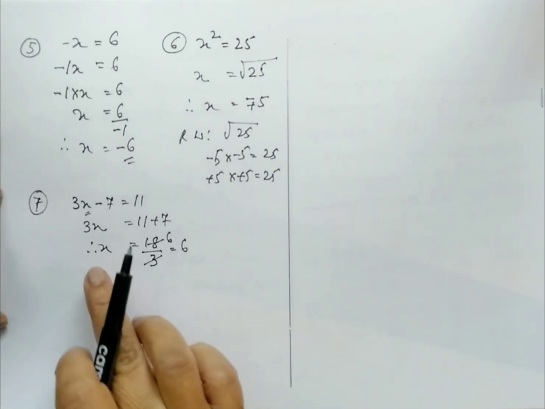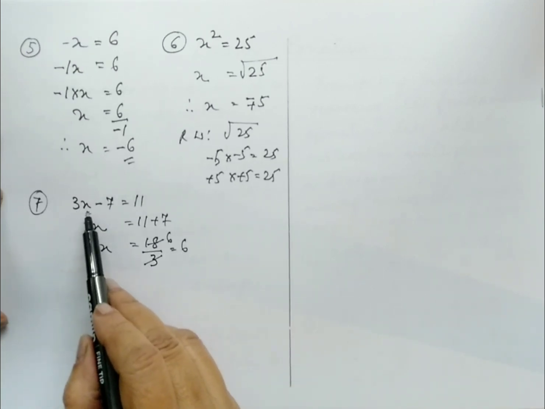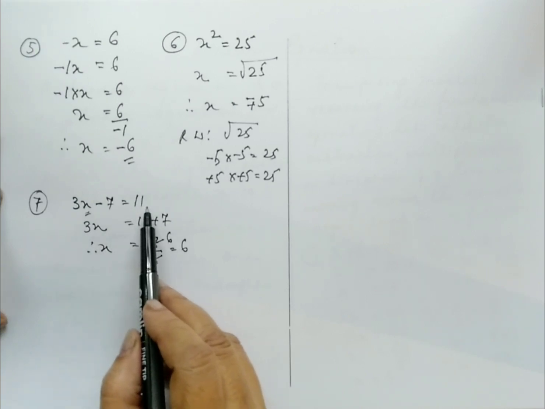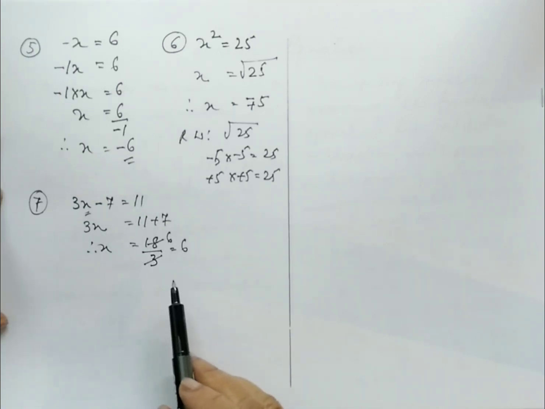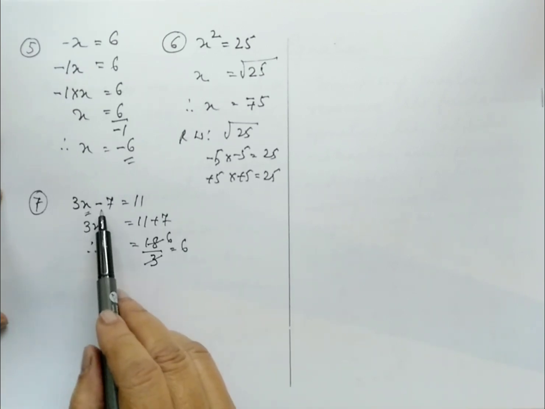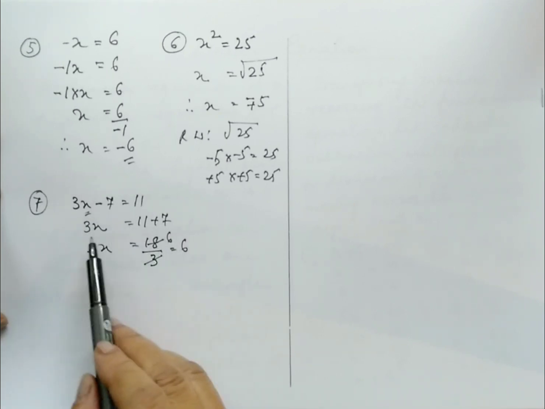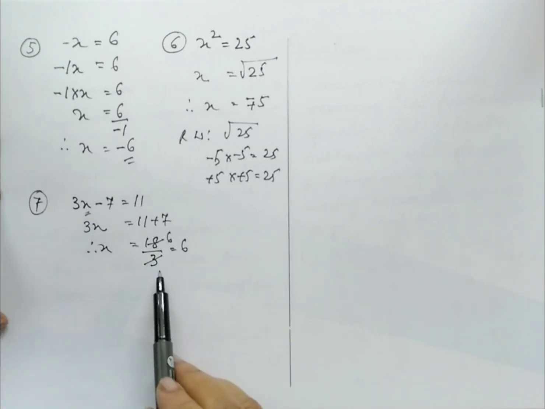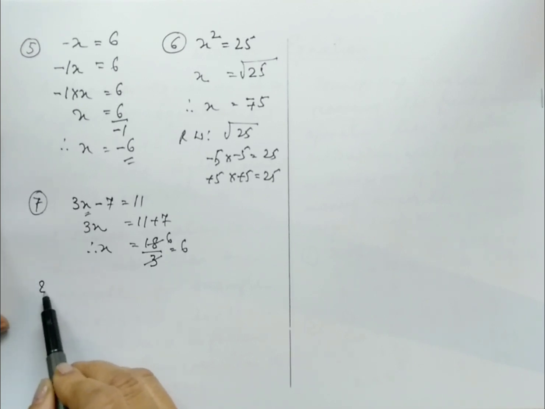All right, so my x has a value of 6. 3 into 6 is 18, and 18 minus 7 will give me 11. All right, so we are using multiple transposition rules over here. First one we used was taking this minus to plus, and then multiplication to division.